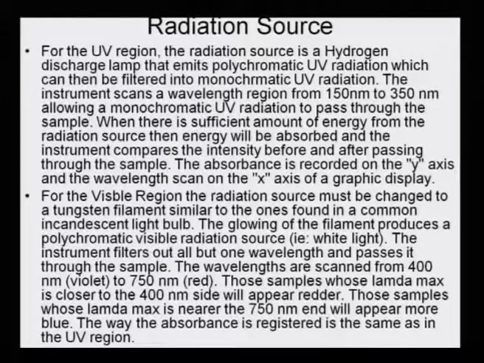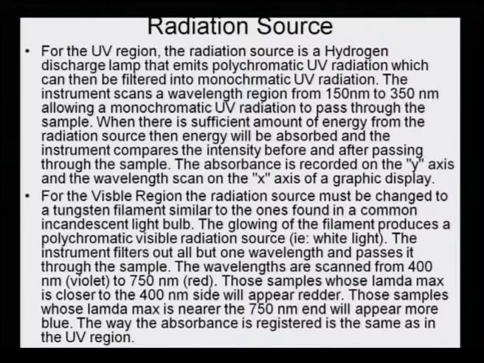Radiation source. For the UV region, the radiation source is a hydrogen discharge lamp that emits polychromatic UV radiation, which can then be filtered into monochromatic UV radiation. The instrument scans a wavelength region from 150 nanometers to 350 nanometers, allowing a monochromatic UV radiation to pass through the sample.